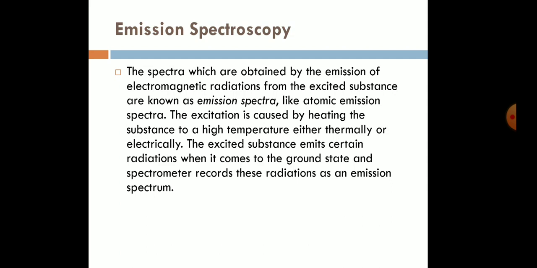An example is atomic emission spectra. The molecule is generally present in the ground state, so we have to excite it first by some process, and that process can be a thermal process or an electrical process. We have excited the molecule to the higher energy state.